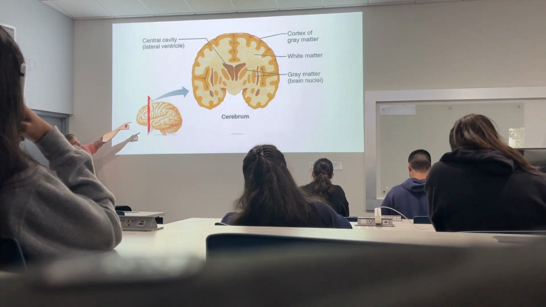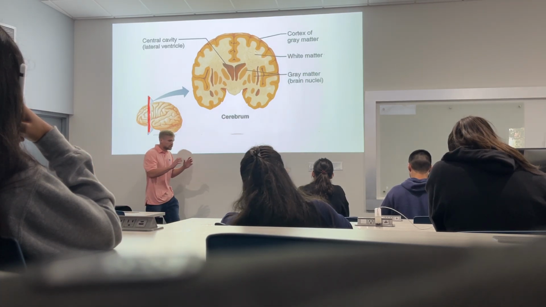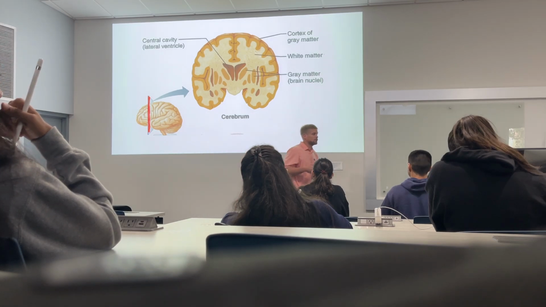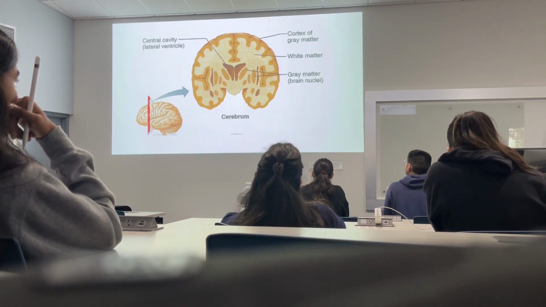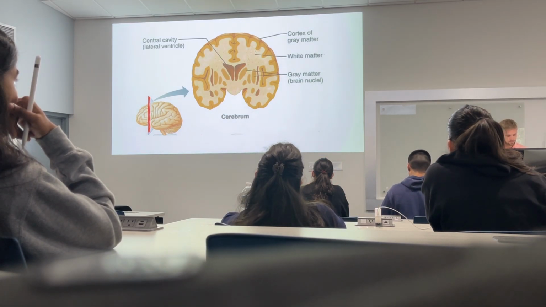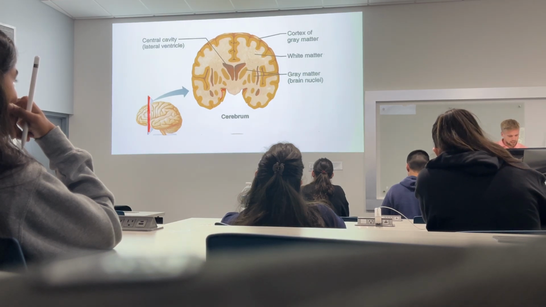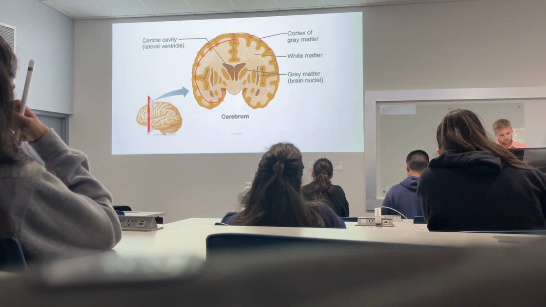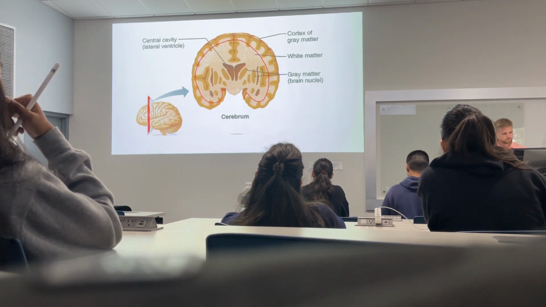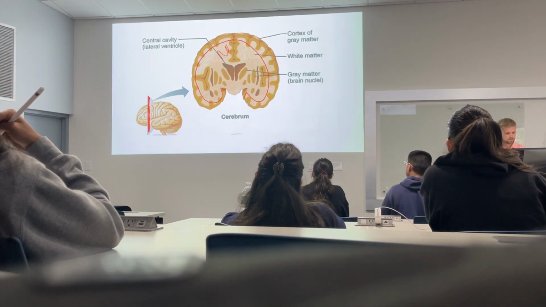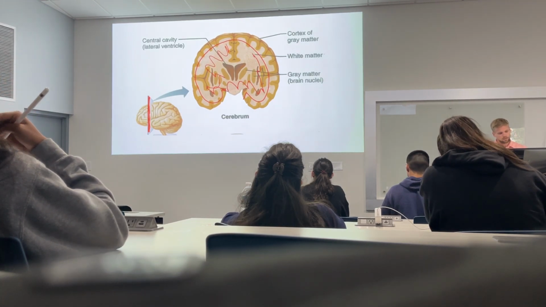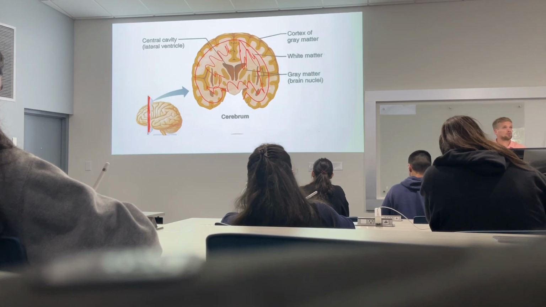And that's what you would see. You'd see a distinct outer layer, which is gray, and an inner layer, which is white. So again, you'd see an outer layer of the cerebrum, which is gray, and an inner layer, which is all white. That's called gray and white matter.